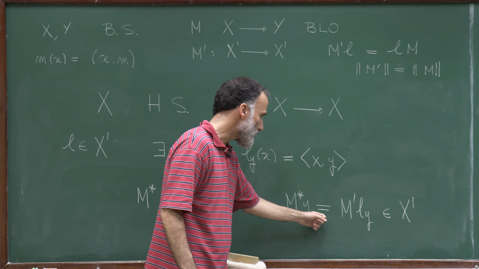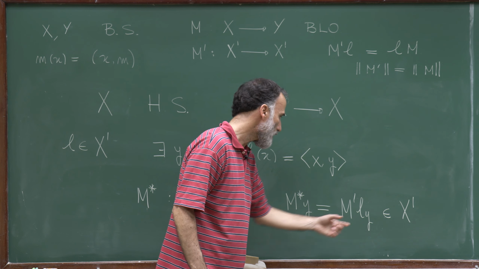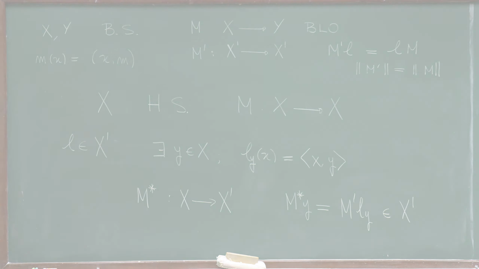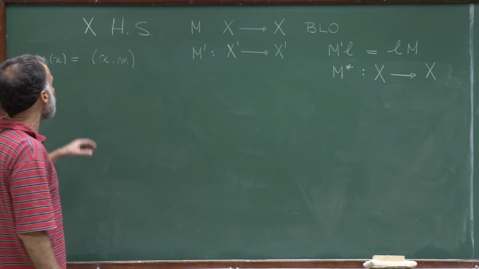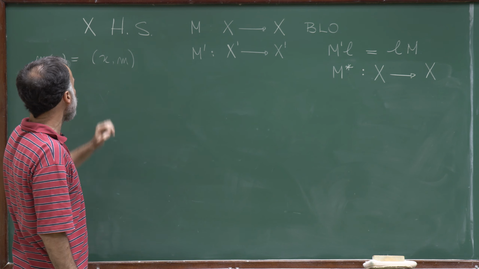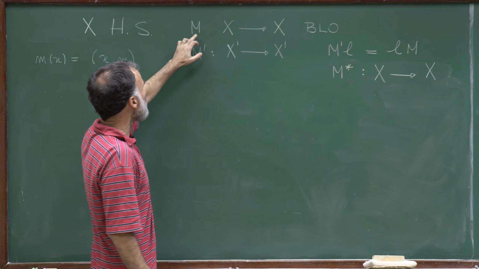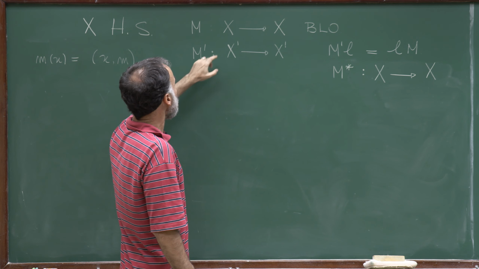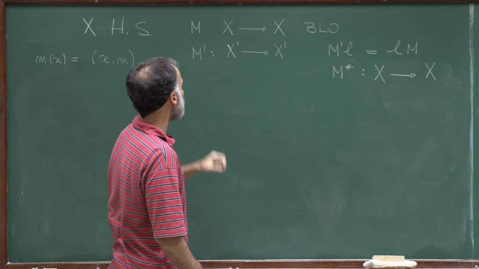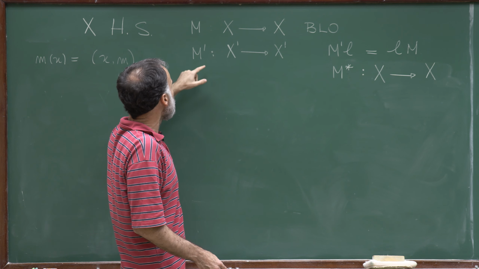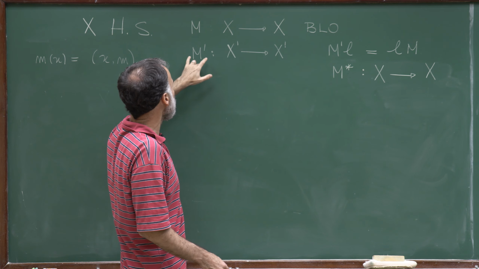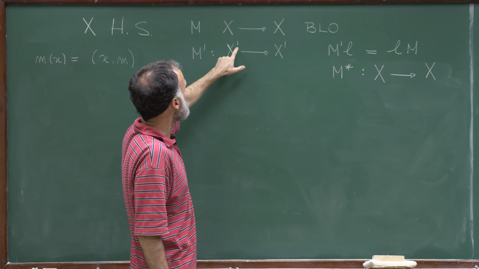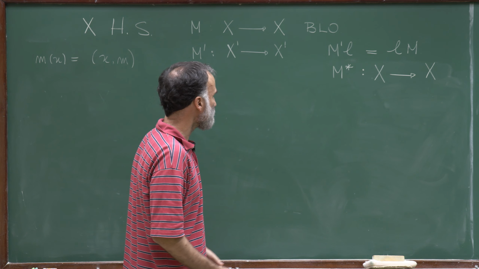M star of y is given by M prime L of y, and I want to discuss a bit this operator M star. So we have X, which is now a Hilbert space. I have a bounded linear operator M defined from X to X, and we have seen that once this is settled, we can define the transpose M prime, going from X prime to X prime.